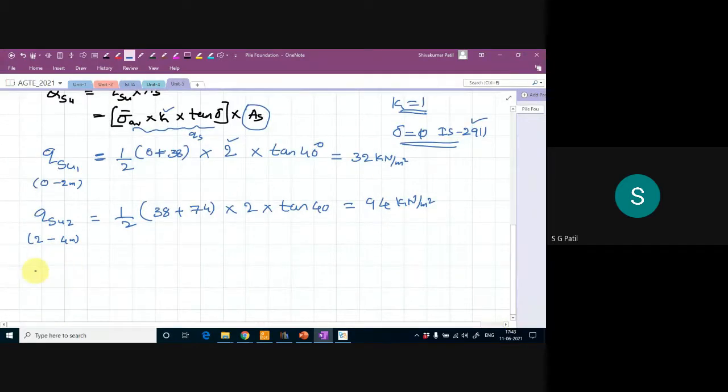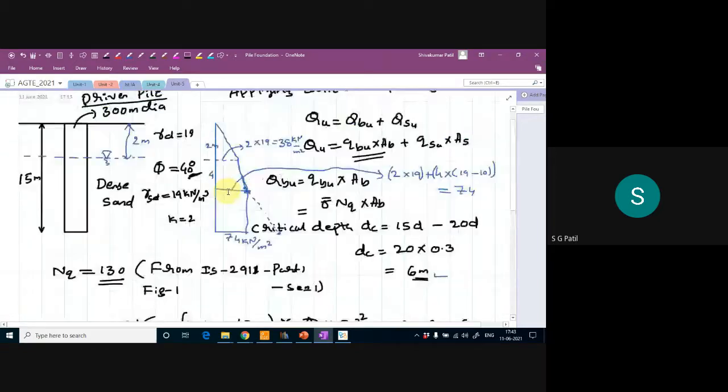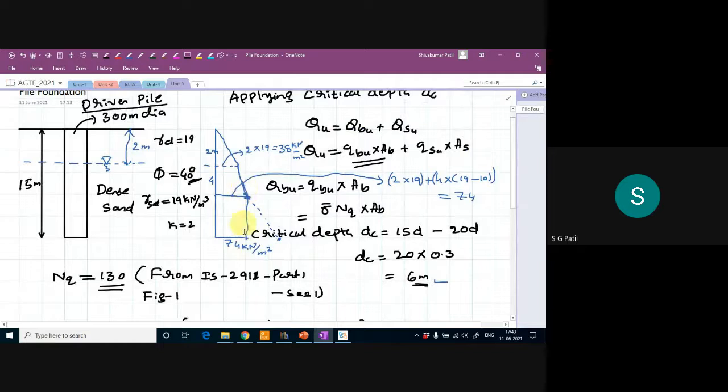Now my final surface resistance, that is QSU3, from 4 meter to 15 meter. I think this is 6 meter, no? Yes, this is 2 to 6 meter, and this is 6 to 15 meter. From 6 to 15 meter, the variation is uniform here, almost uniform, so the average will be 74 only.